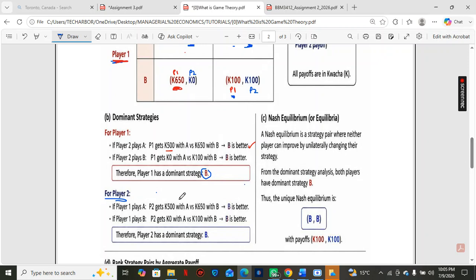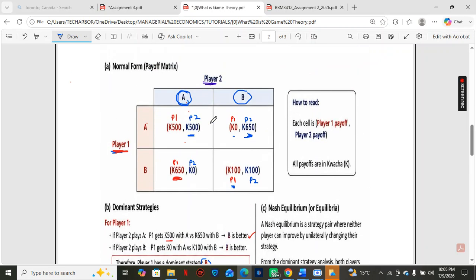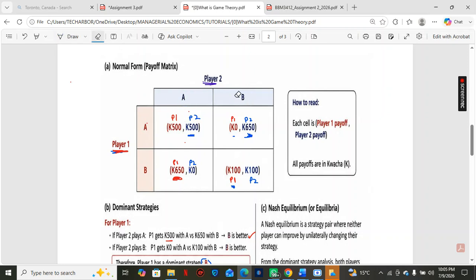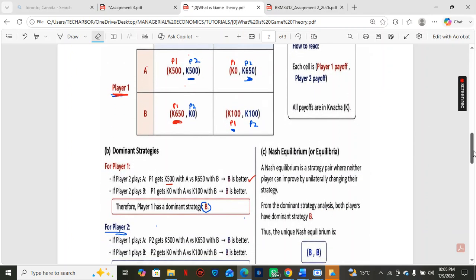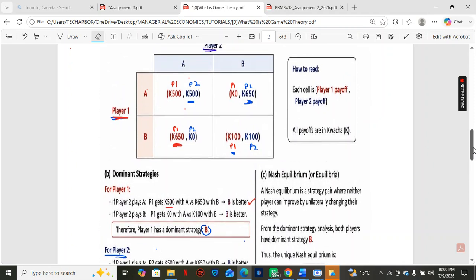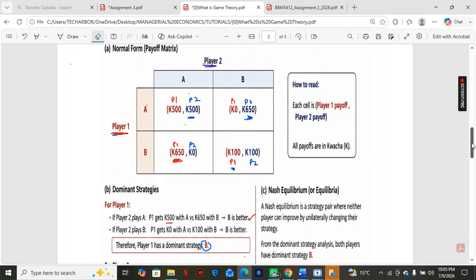So if player 1 picks A, okay, player 1 has picked strategy A. Are you able to get it now? Okay, we're looking at the dominant strategy for player 2. So this is going to be based on what player 1 is picking. Our choices are going to be dependent on what player 1 picks.